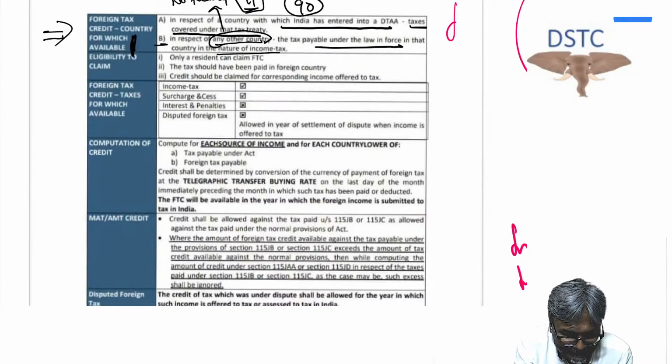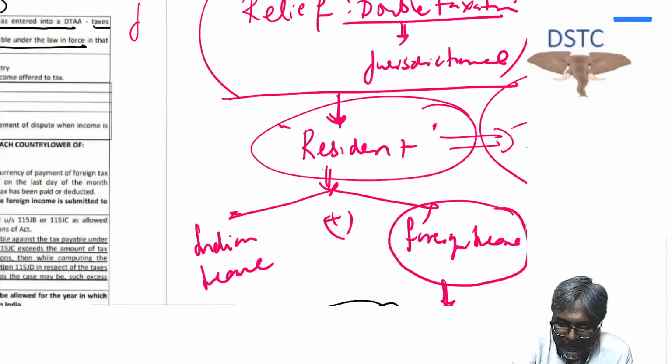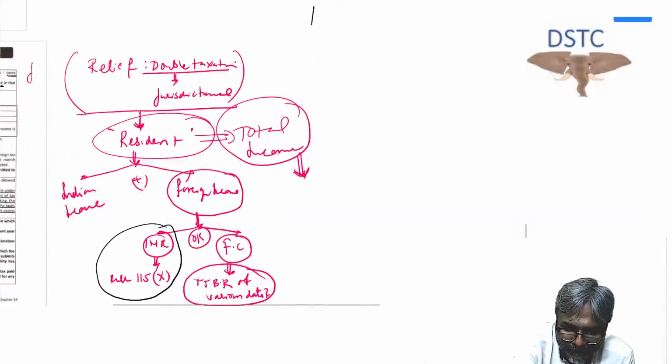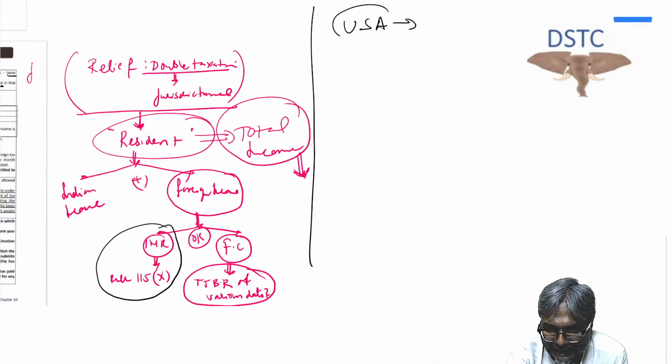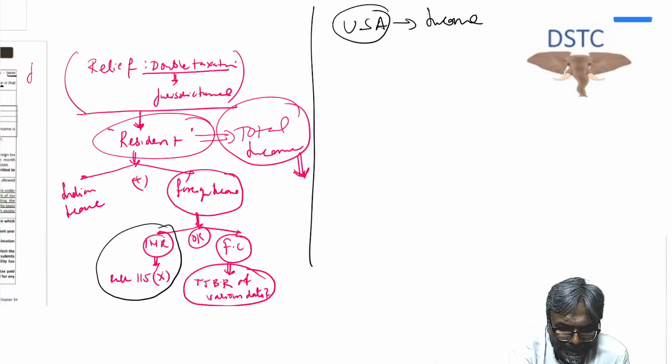Now students, in one of the examinations, without getting into the big loaded questions at this stage, there was a particular person. Here in this case, he is in USA. The foreign country is USA. He has earned some income. So a resident in India has earned a foreign income in USA.